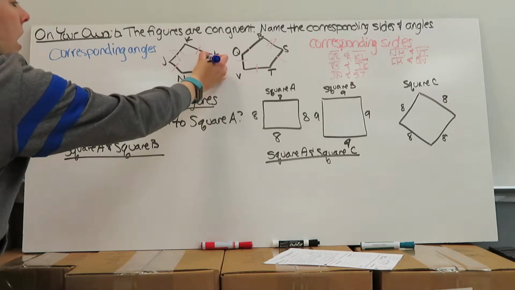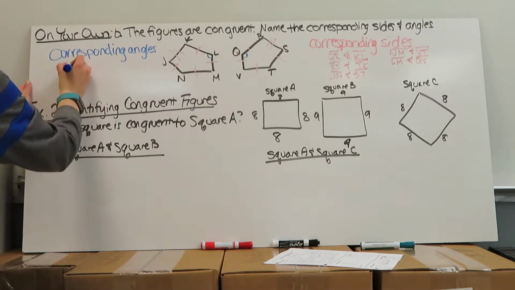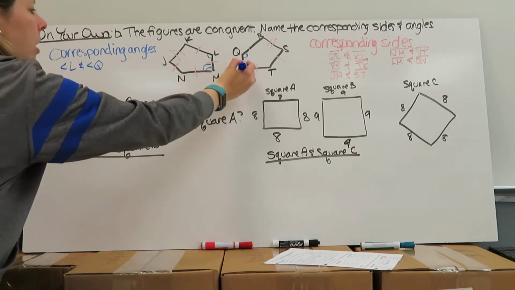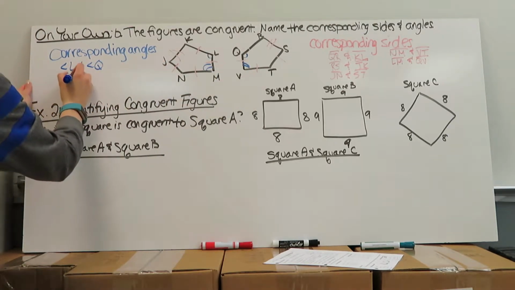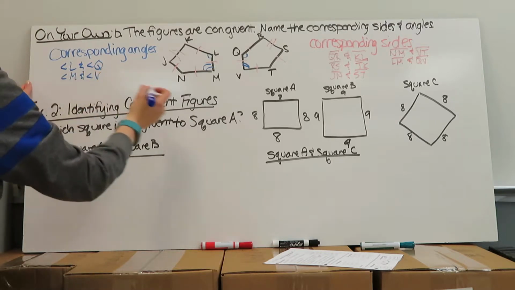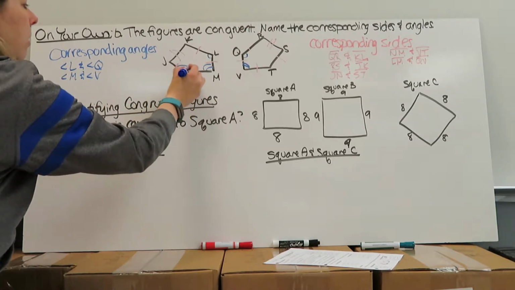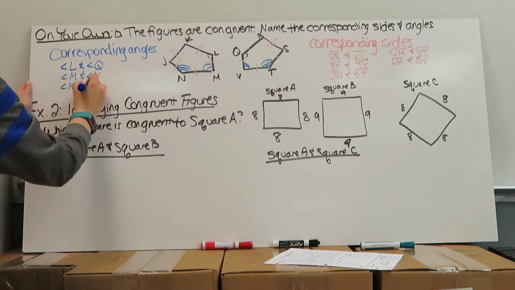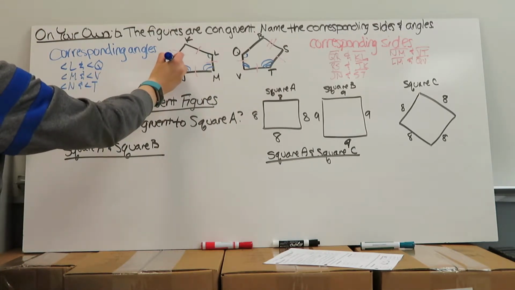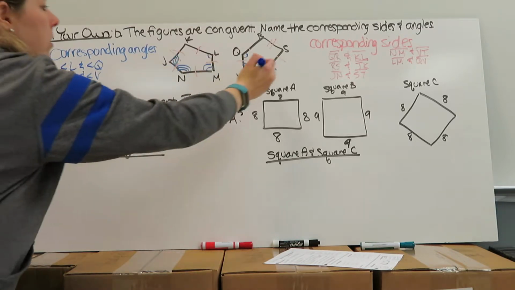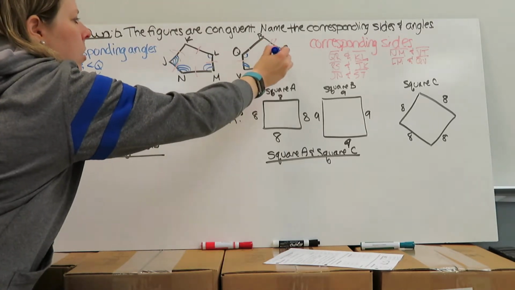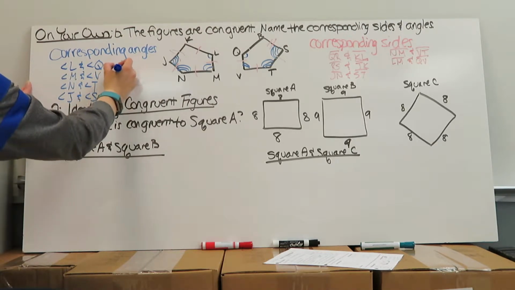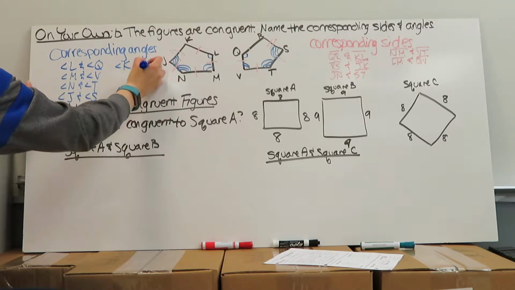We're going to put angle L and angle Q. Angle M and angle V. Angle N and angle T. Angle J with angle S. And lastly, angle K and angle R.